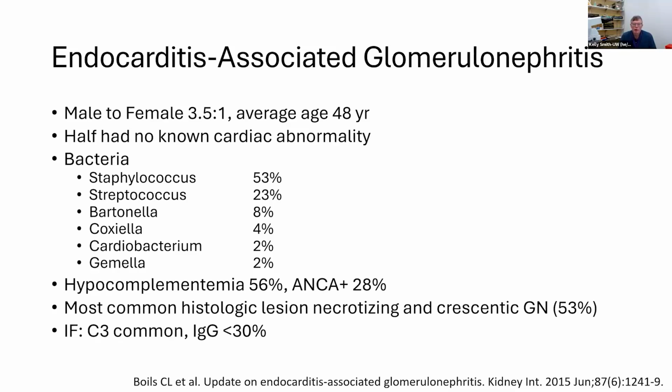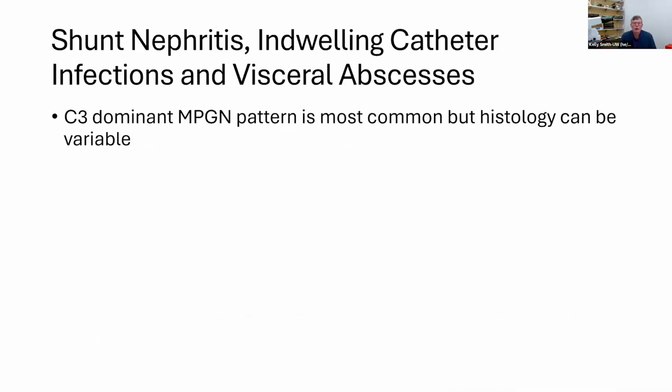C3 is usually going to be helpful in the immunofluorescence. So if C3 is present, we should characterize that and let it support our differential. But clinical workup is really critical.